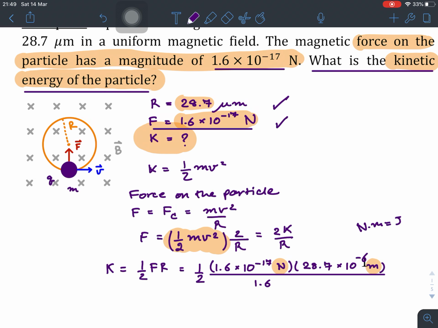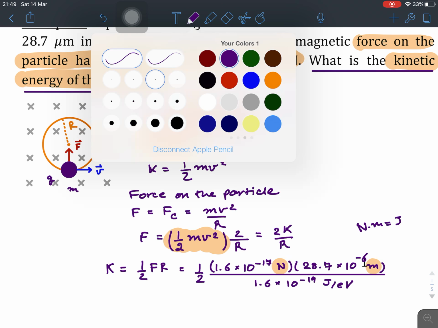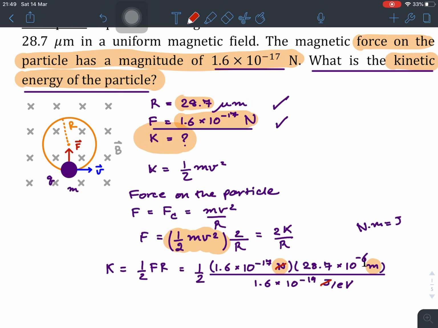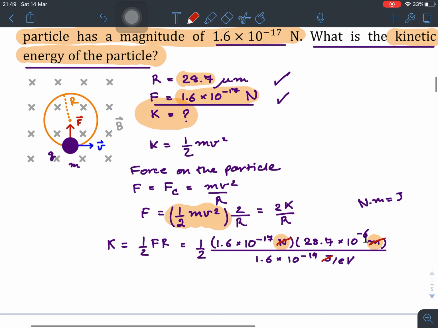So I can divide this expression by 1.6 times 10 to the minus 19 joule per electron volt, which is 1 electron volt in joules. So that the joule unit can be cancelled with Newton meter. So I can have the kinetic energy in the unit of electron volt.